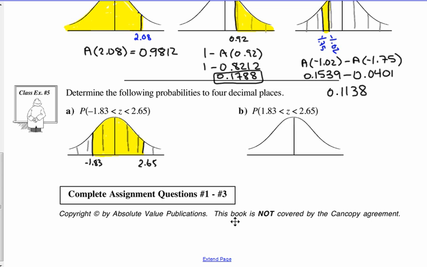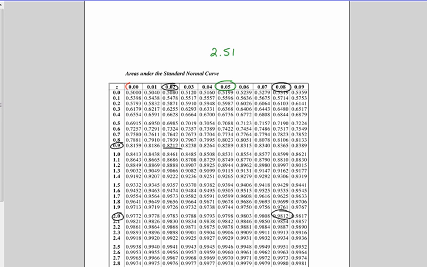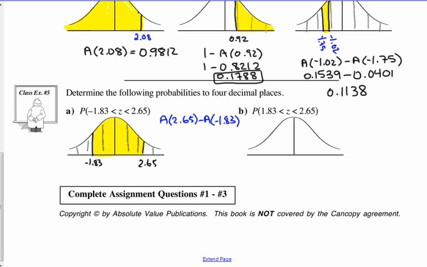Okay, so whenever we're doing area in between 2 points, we want to find the area under the large minus the area under the small z-score. So looking up our areas again, it really helps having your table right in front of you. So 2.65, we want the positive side. 2.6, and then I find the 5. So 2.65 right here, 0.9960 minus negative 1.3.